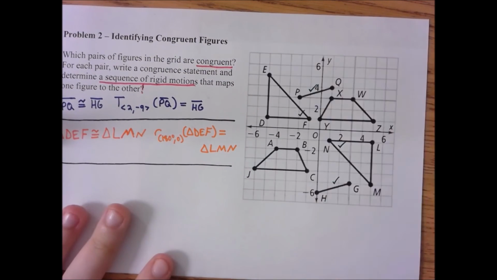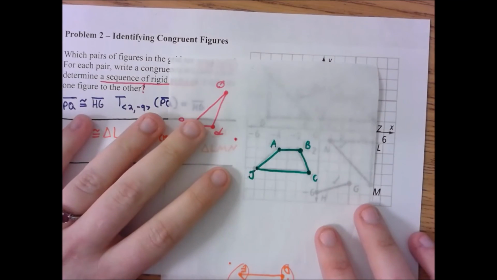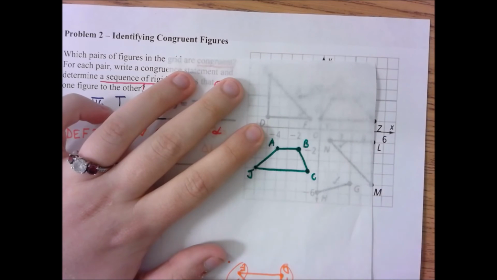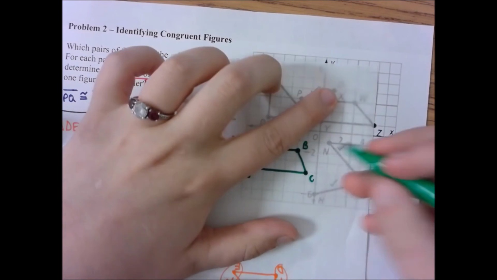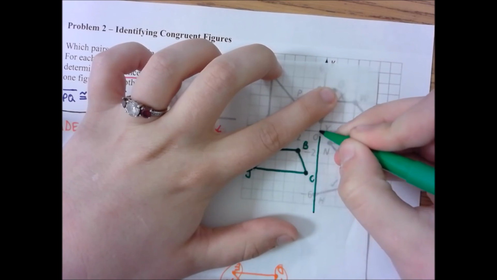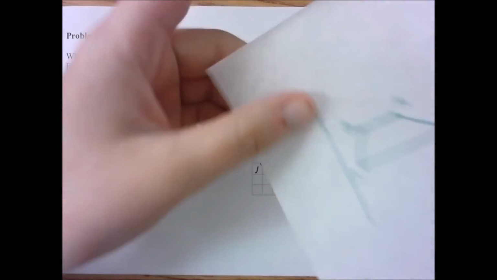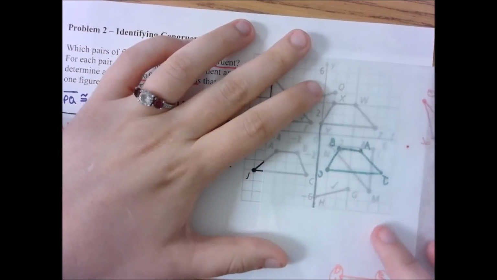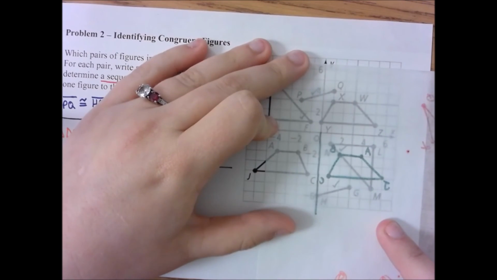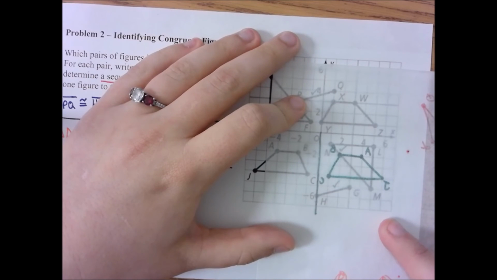Let's see what happens. So we have ABCJ. What happens if we reflect across the y-axis? What if I draw a line here to represent the y-axis? So flip. So here's ABCJ.